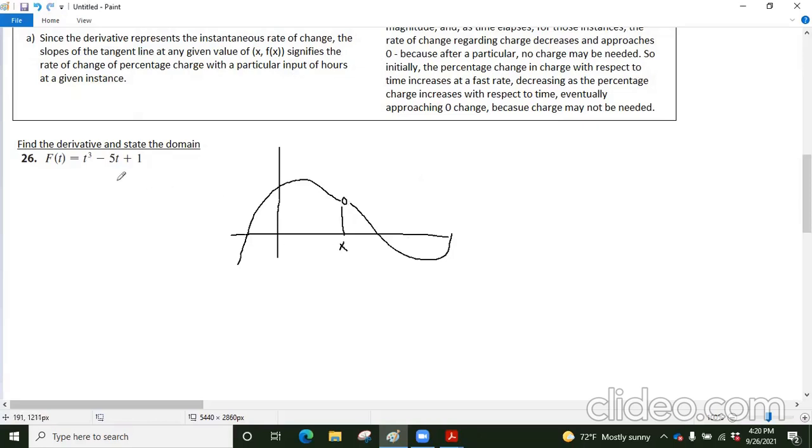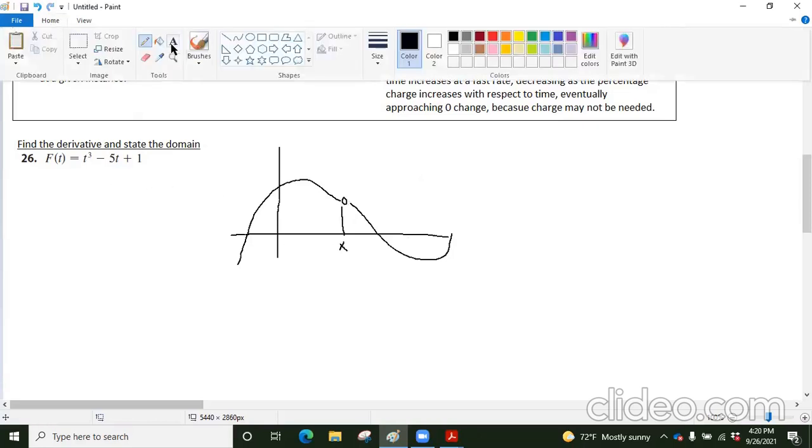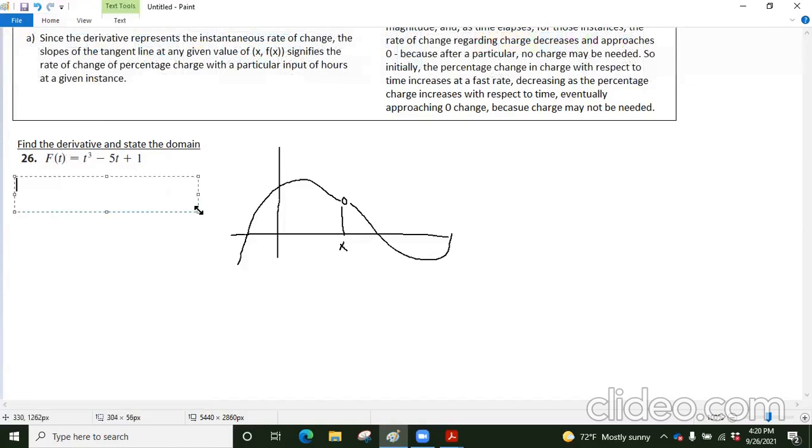So you can think of the domain as being all the valid inputs of X that yield a corresponding definitive Y value.